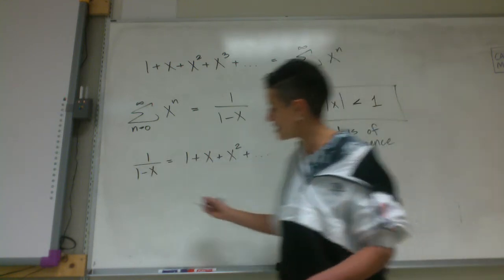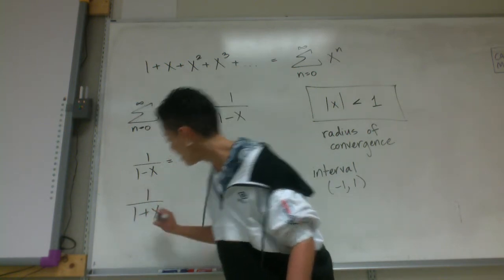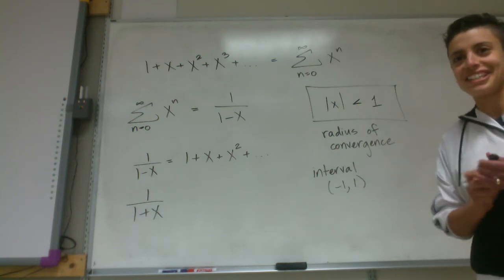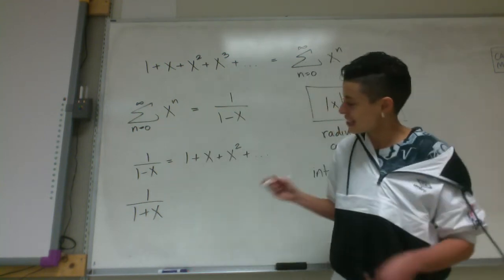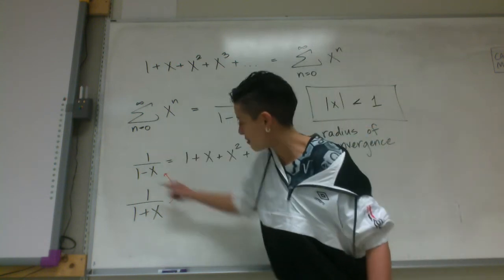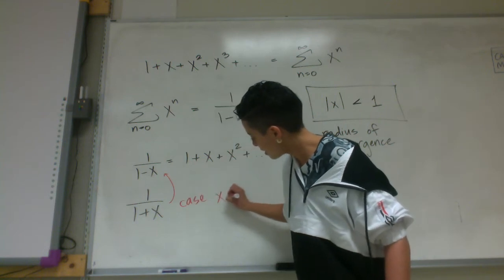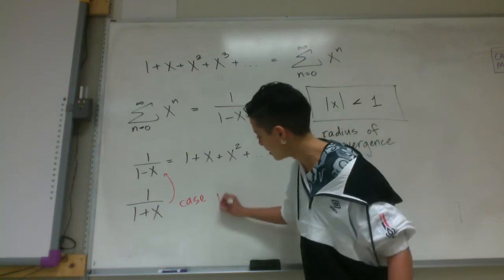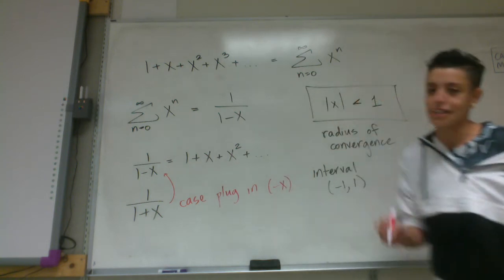So for instance, if I want to now find this, think for a second about what you might plug in in order to use this structure to make that. Well, clearly, this is just a form of that fraction where we plug in -x in place of x.